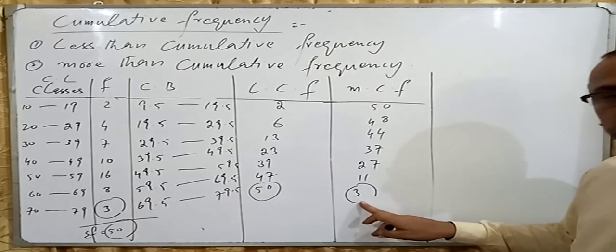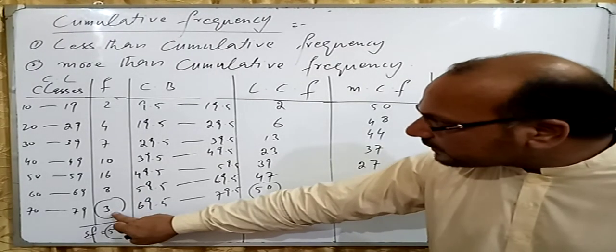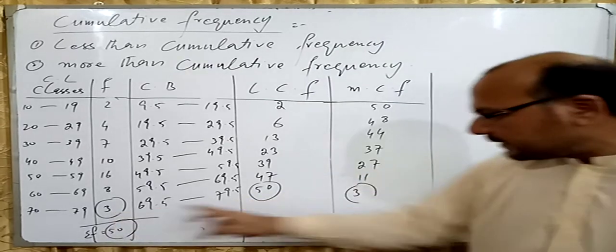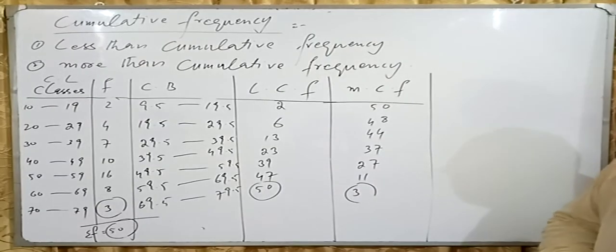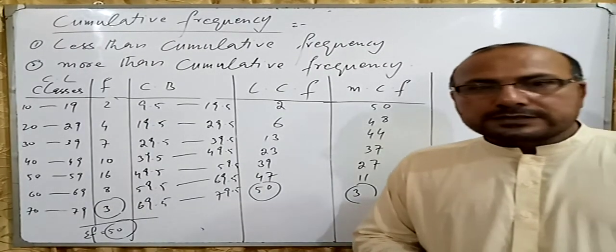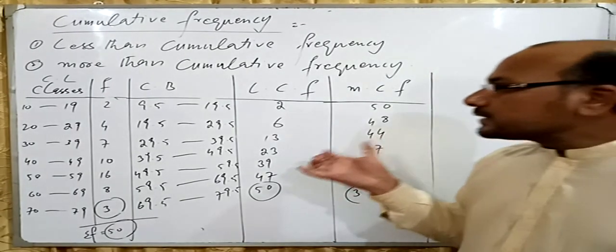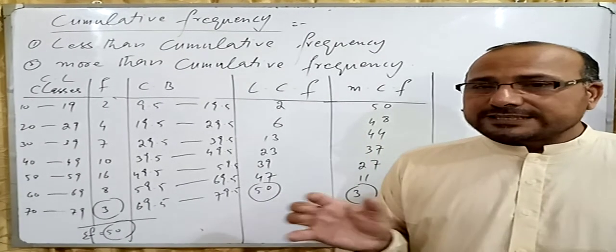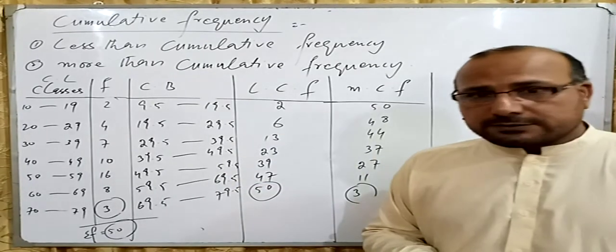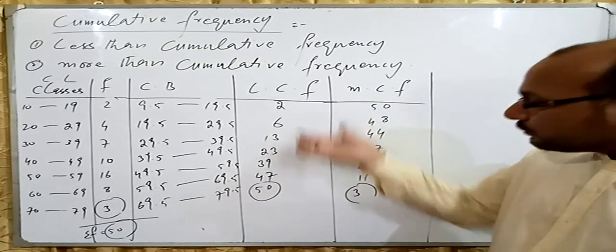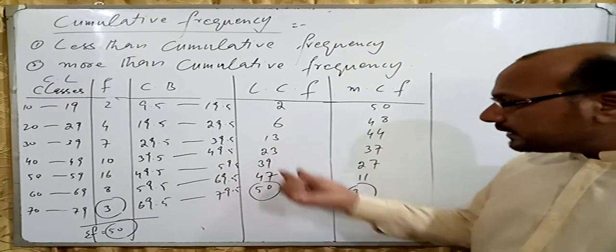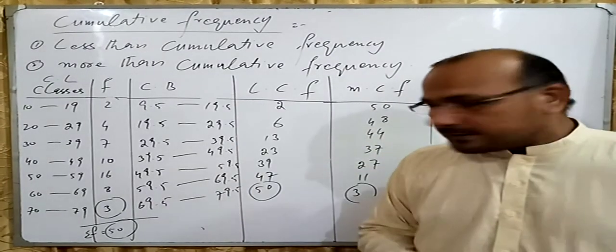So the last component is 3, and the last component of the frequency is also 3. This is the way you can find out the less than cumulative frequency as well as the more than cumulative frequency, because you will need it when you have to draw the graph of the less than and more than cumulative frequencies. So you need to calculate first in numbers, then you will represent it graphically.